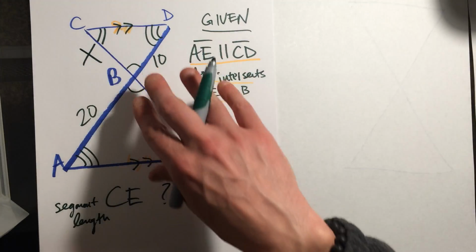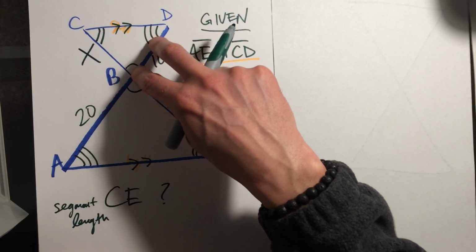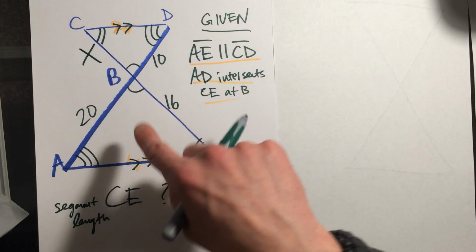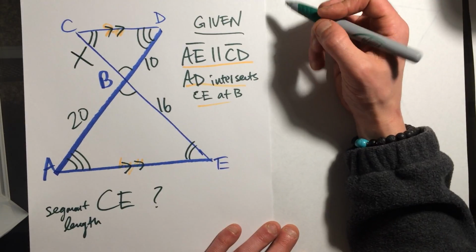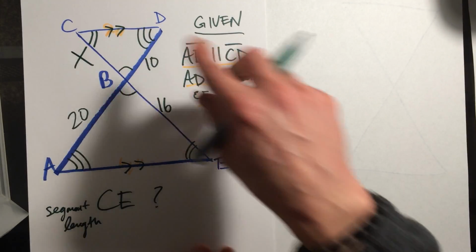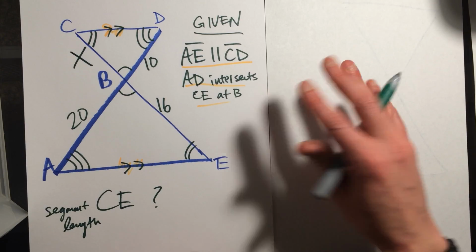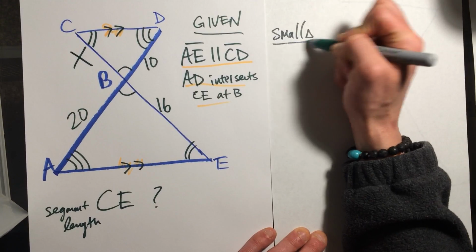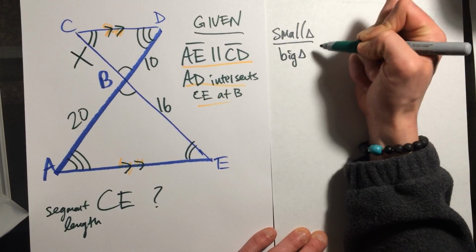We have similar triangles by AAA, pardon me, AA. We can make an equation between the triangles. Because X is on the small triangle, we're going to go small triangle over big triangle.